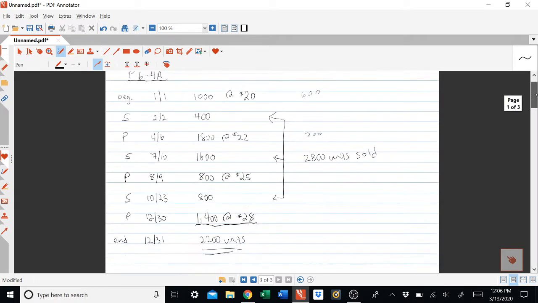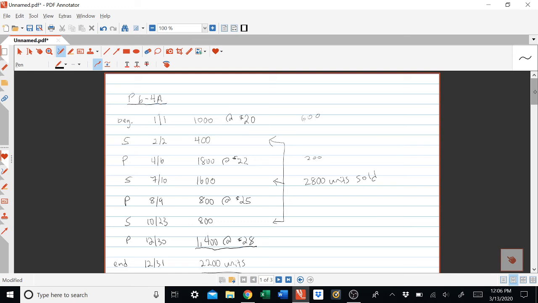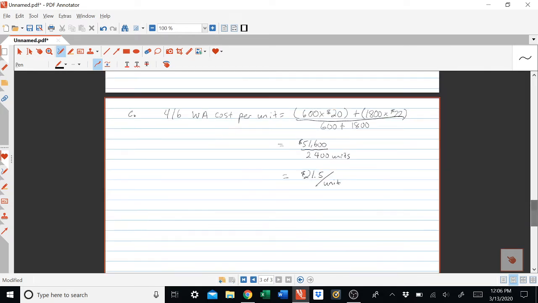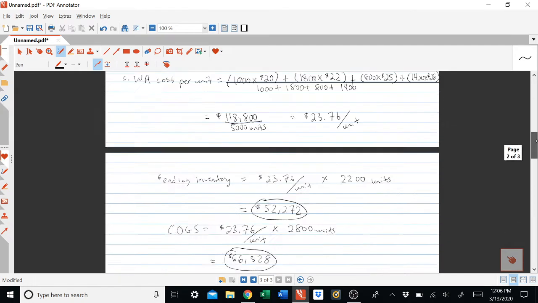Next, we have to calculate the weighted average cost per unit the next time they make a purchase, which is on August 9th. So what's the weighted average cost per unit as of August 9th? Again, it's the cost of goods available for sale as of that date divided by the number of units available for sale.